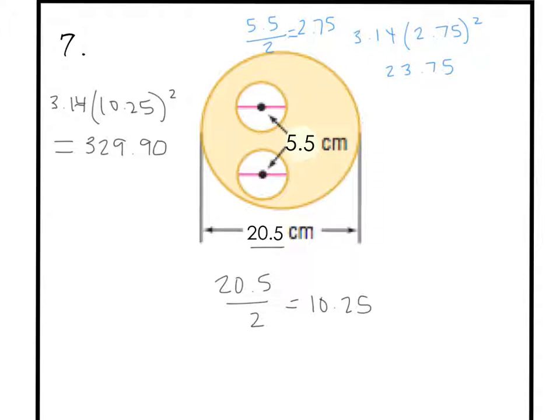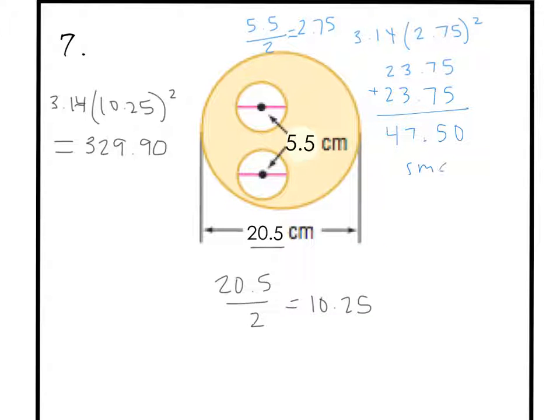And again, I got 23.75 because I did have to round up. And I know that I have two of those circles, so I'm going to figure out what 23.75 plus 23.75 is, and I get 47.50. So that's the area of the small circles.